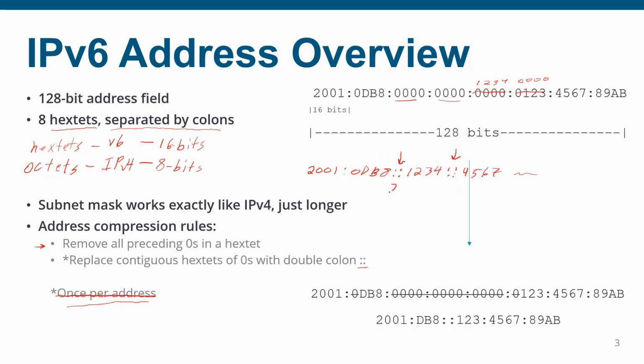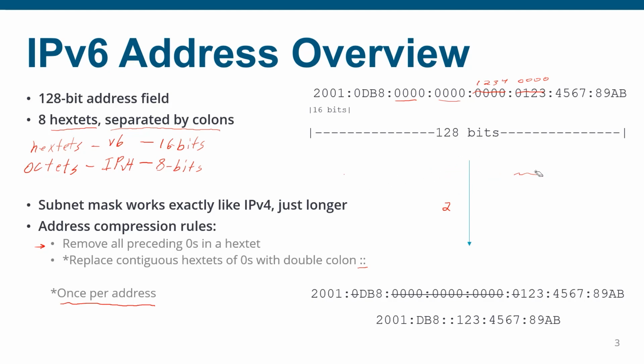This one might be 2 hextets and this one's 1 hextet, or it could be vice versa. It's ambiguous, and we have no way of knowing. That's why we can only do that zero replacement once per address, so that we are always able to reliably reproduce the address.